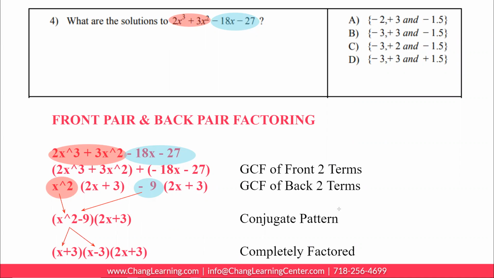So the completely factored form is (x plus 3)(x minus 3)(2x plus 3). This gives us the solutions when it's equal to 0 of -3 and 3 and -1.5. So the correct answer was B.